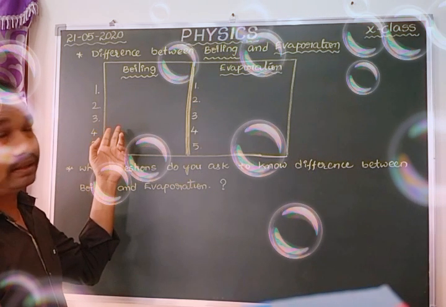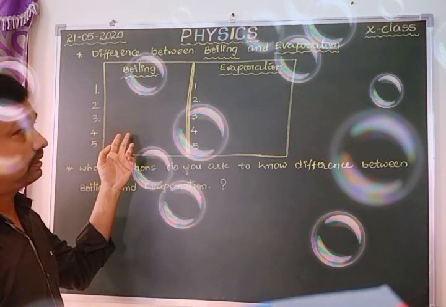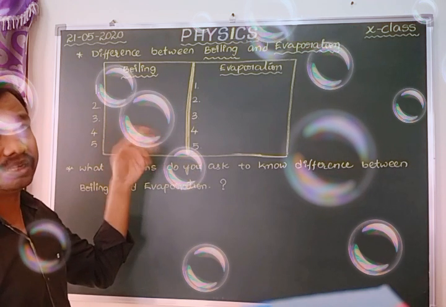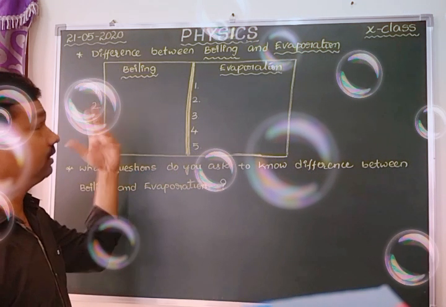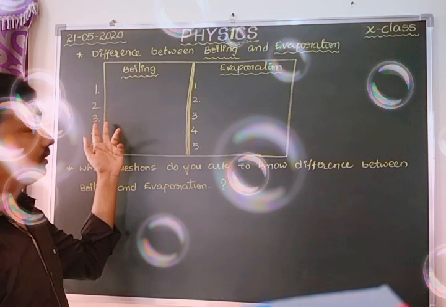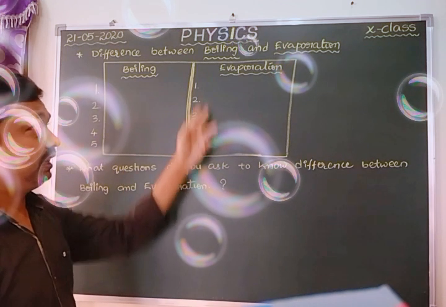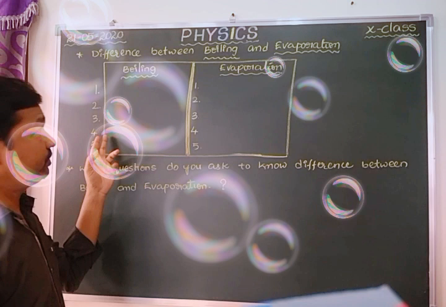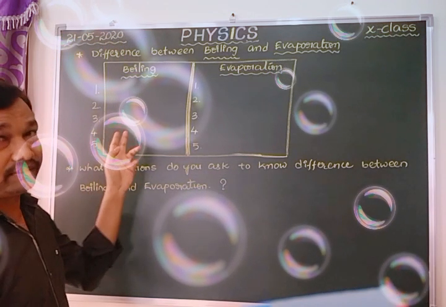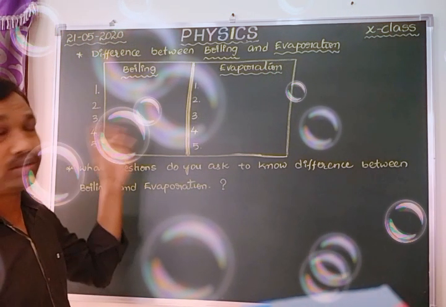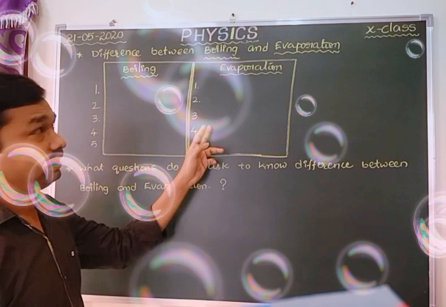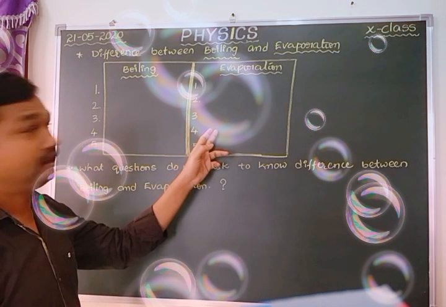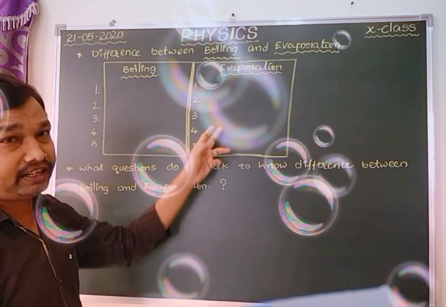Where does boiling take place? We consider it a bulk phenomenon. And where does evaporation take place? In boiling, do we need to supply heat energy or not? Similarly, in evaporation, do we need to supply any heat energy?